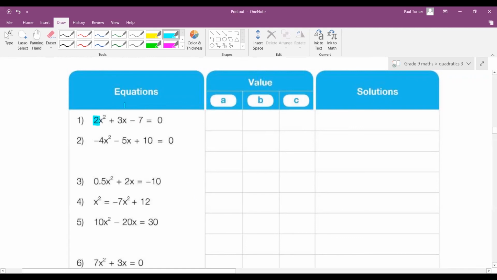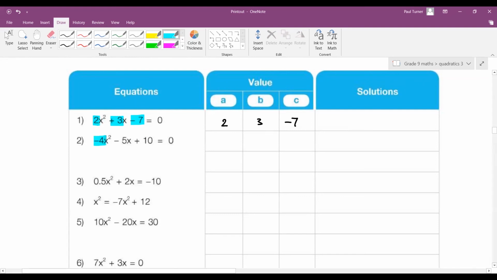A is 2, B is 3, C is minus 7. Now this has two possible answers. There are actually a lot of values you can use for A, B, and C and still get the same answer.